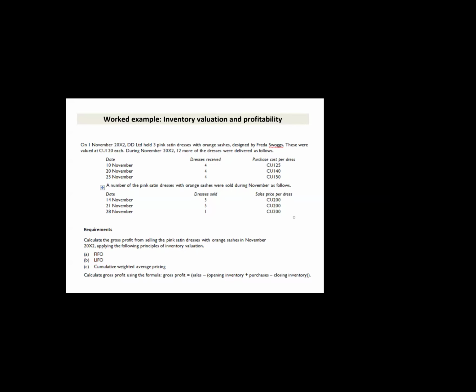And finally, the third option is the cumulative weighted average price method. On 10 November, we have a total of 3 and 4, that is 7 products. 125 into 4 equals 500 and 120 into 3 is 360. So 860 divided by 7.